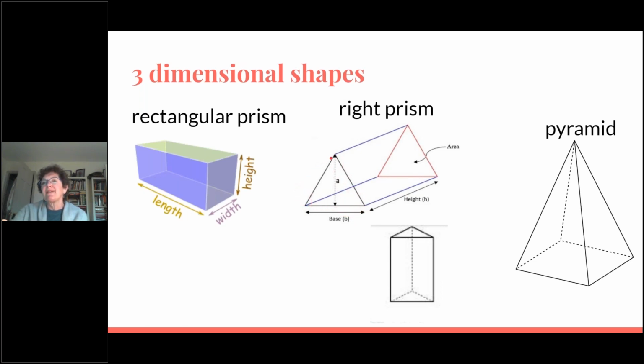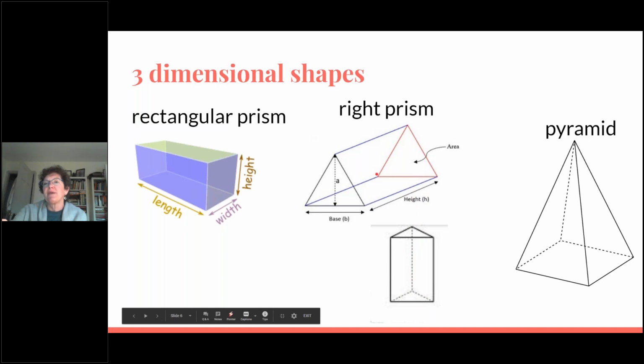And you can look at this. Here's the interesting thing. It doesn't really matter which side you call the base, whether you call the triangle the base. So like in this one, you would think of this triangle as being the base of this prism.